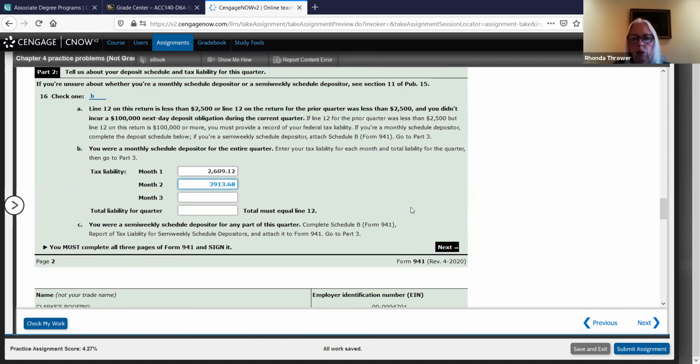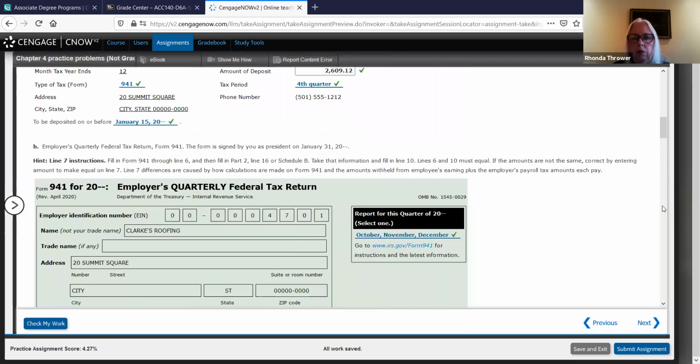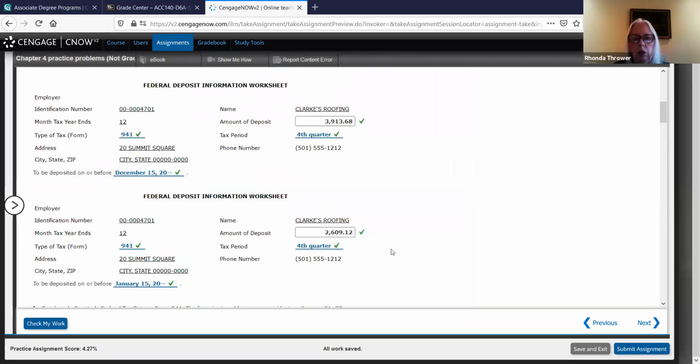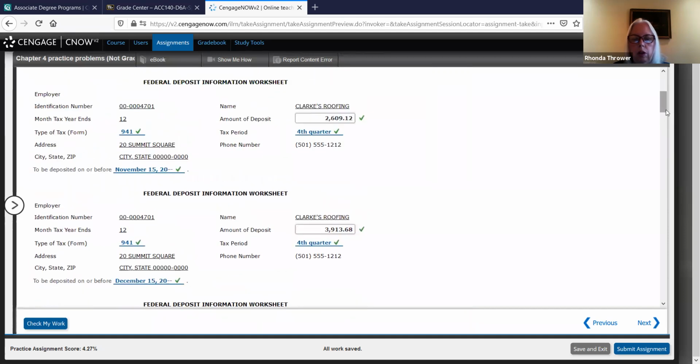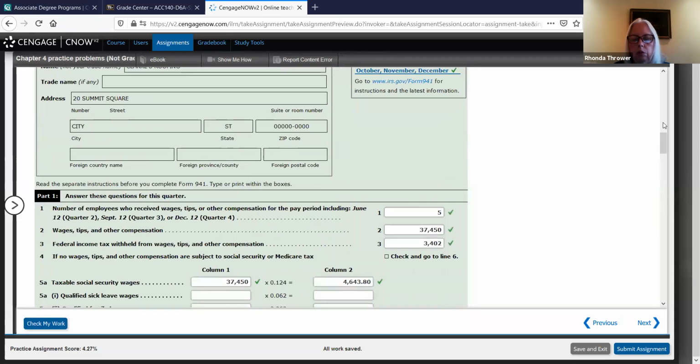And then on the third month, which would have been for the month of December, we would look at our third deposit record. And the third one was this one right here, and the amount was $2,609.12.